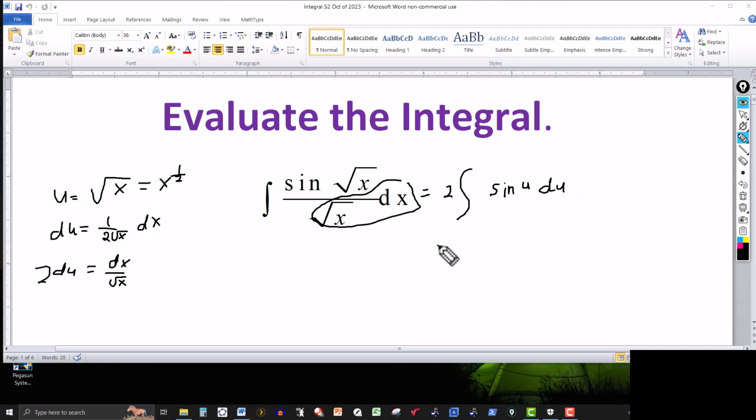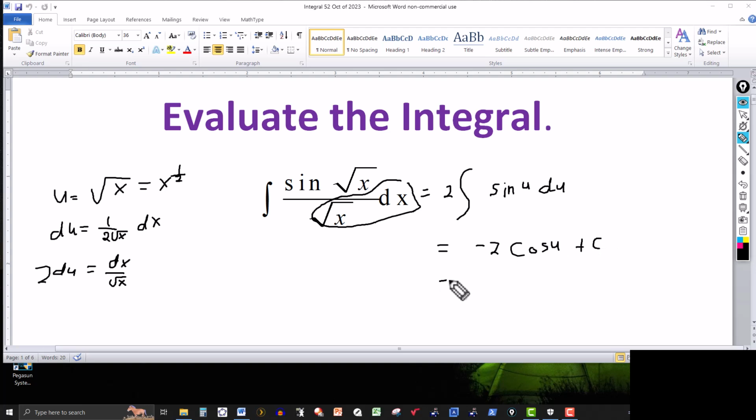And now we integrate with respect to u. The antiderivative of sine of u with respect to u is minus cosine of u. And of course I got the 2 there also, so I'll get minus 2 cosine u plus the constant of integration.